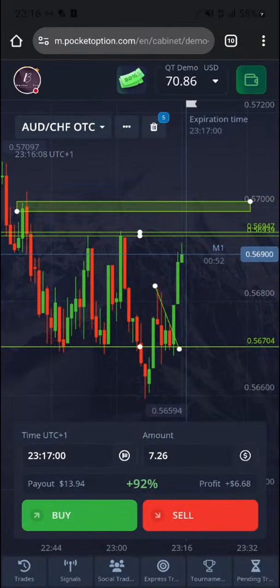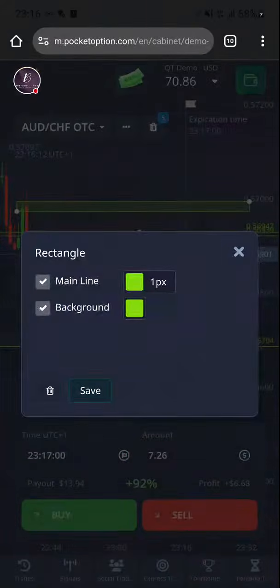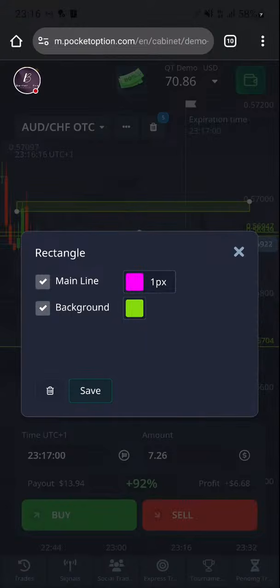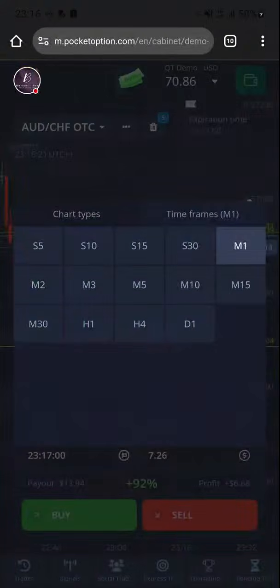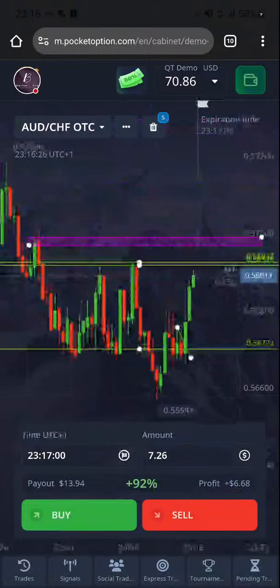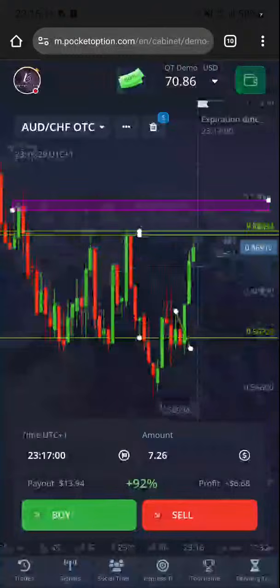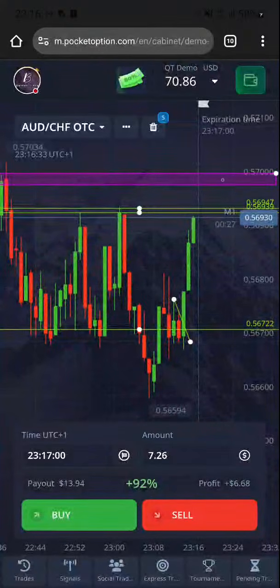So we have an entry up here. If price breaks this level, we can go with the sellers. Look at this. If price comes into this entry, we will take the trade with the sellers.